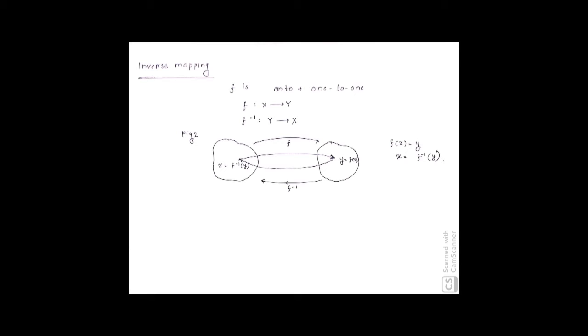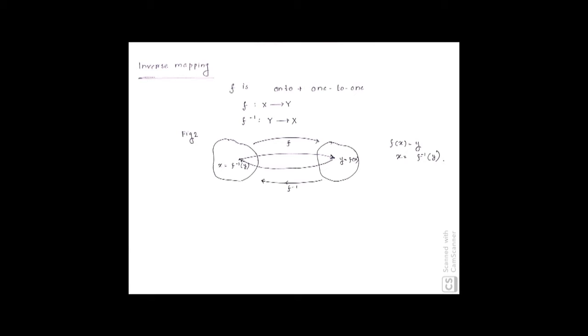For each small y in the set capital Y, we find that unique element small x in the set capital X such that f of x equals y. We then define small x to be f inverse of y.